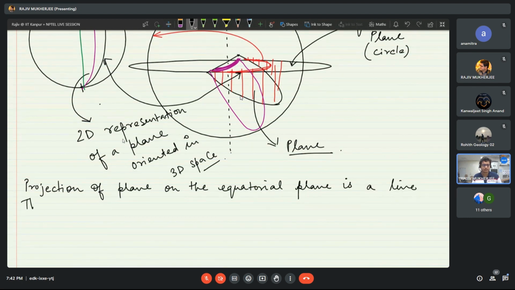Then the projection of a line will be a point. This is the interesting point.